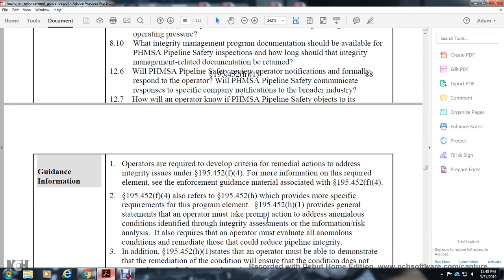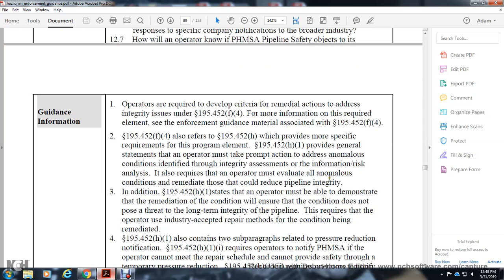Guidance information: the operator will develop the criteria for the remedial action, draft integrity of the 195.452(f), with more information required on the elements for the enforcement guideline material associated with 195.452(f) and 195.452(h). The most particular requirement of the program element 195.452(h)(1) provides a general statement that the operator may take the proper action with the anomaly or condition, and define the integrity assessment information versus analysis required.